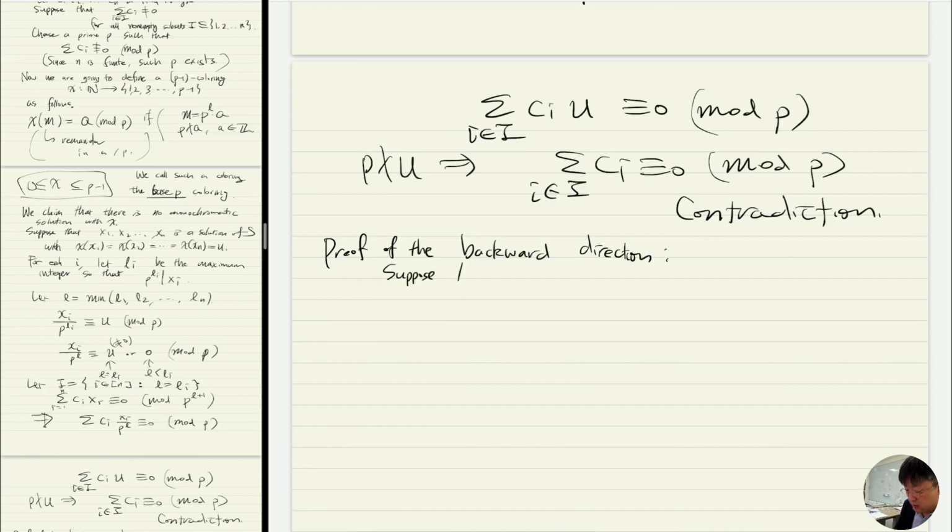Suppose that x1, x2, up to xn is a solution of S. So suppose this is a monochromatic solution.